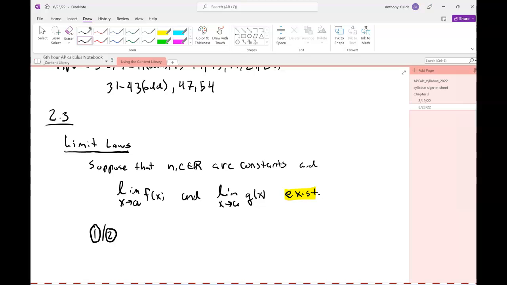So I'm going to call this law 1 and 2. If we have the limit as x approaches a of the function f of x plus the function g of x, that's equal to the limit of f of x plus the limit of g of x.